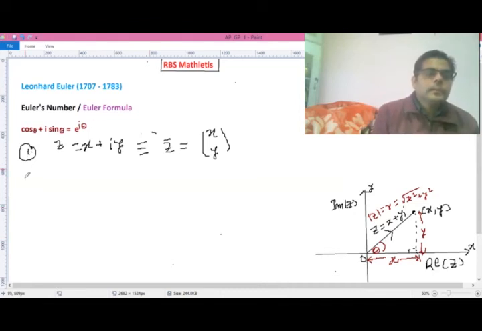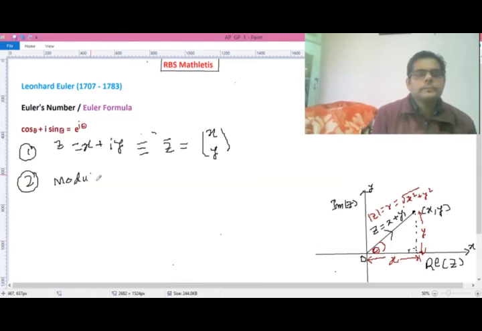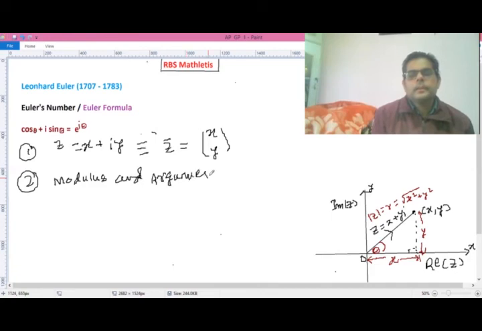And now the other form is the modulus and argument form of representing g, that is the complex number. So here you can say that this is g, and in the modulus and argument form it is given by g equals r cos theta plus I sin theta, where r is the modulus of g.